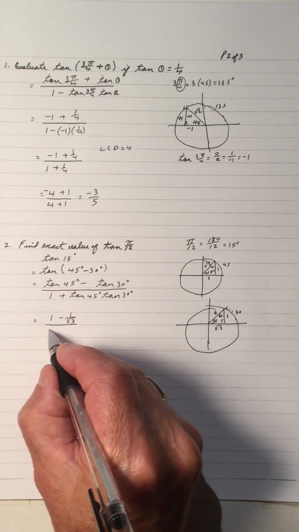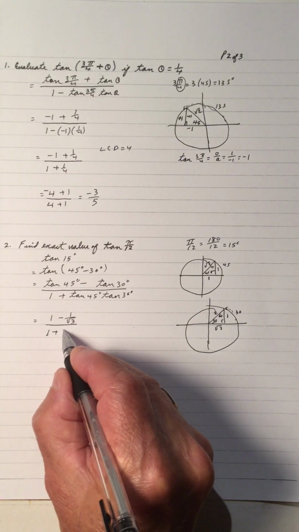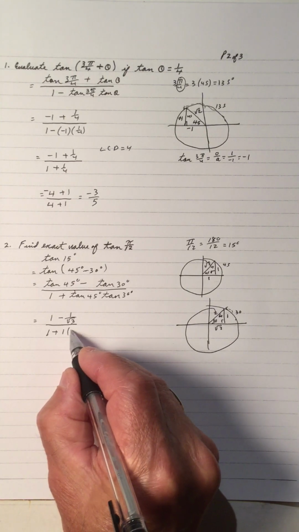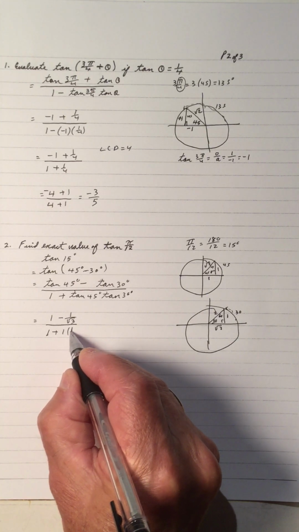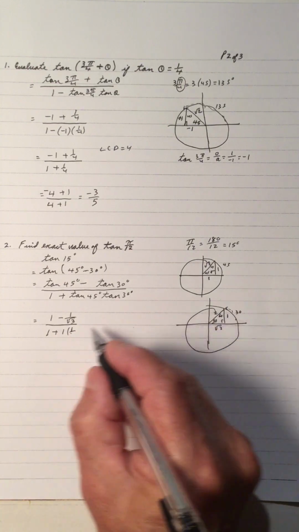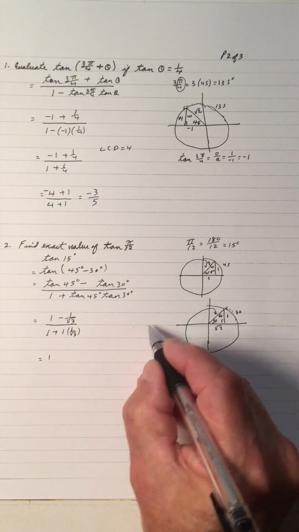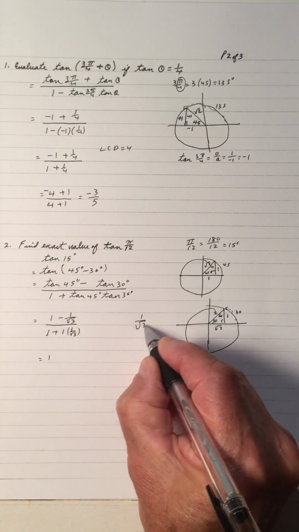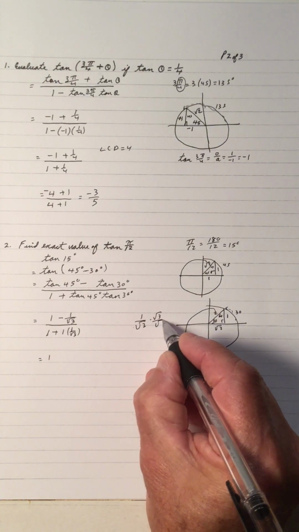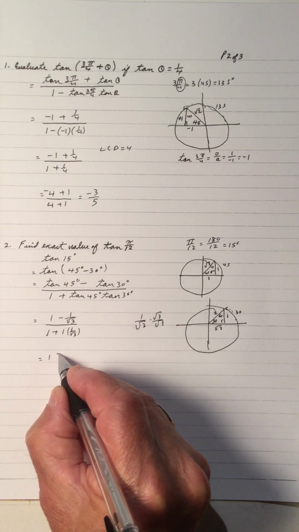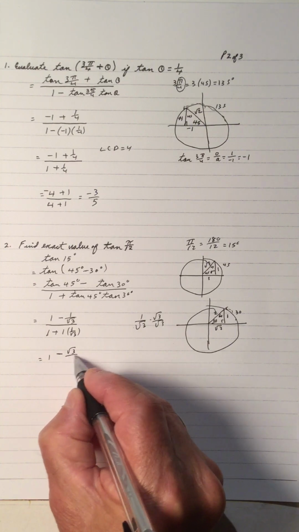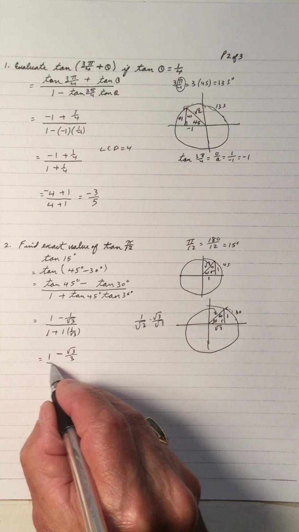Let's go. 1 plus tan 45 is 1 times the tan of 30, which is 1 over root 3. Now I did that, but I should have simplified it to make it easier. 1 over root 3 times root 3 over root 3 gives me root 3 over 3, because it's better to simplify.